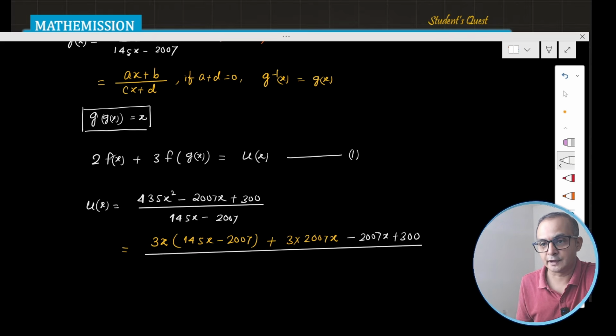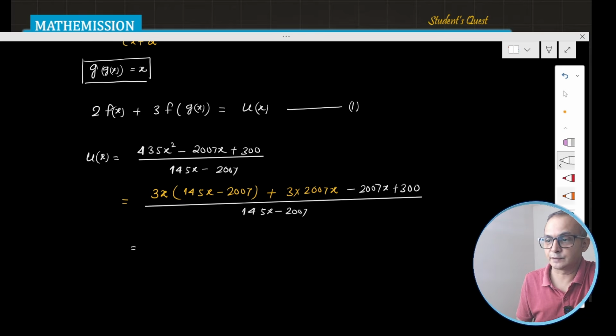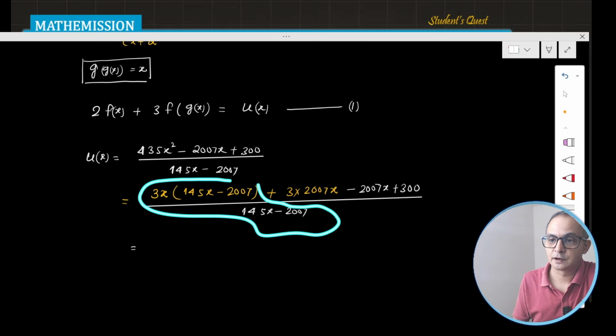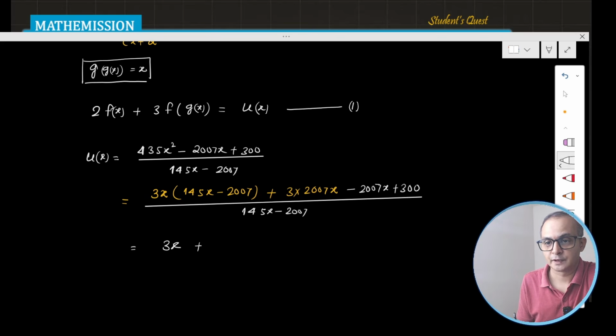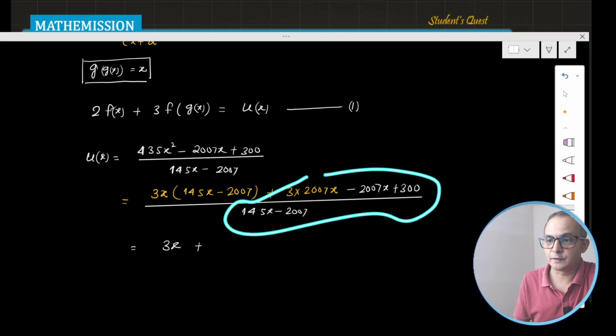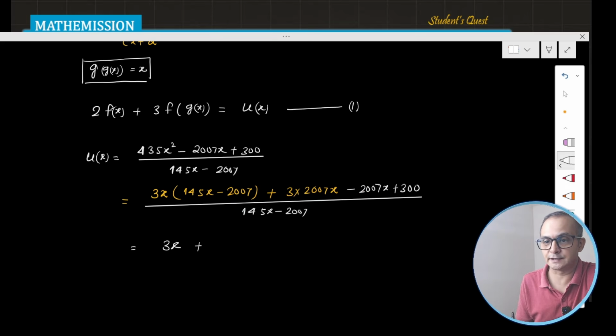And in the denominator, I have 145x minus 2007. Now we separate it. The first term gives 3x, and I'm taking the other two terms together. Since thrice of 2007x is one times 2007x plus twice of 2007x, I can write twice of 2007x plus 300, divided by 145x minus 2007.